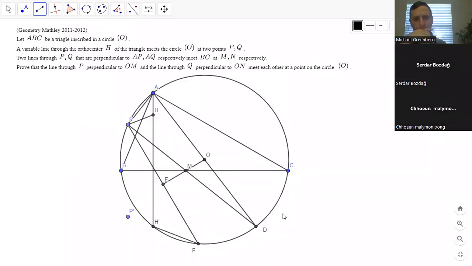So we want to prove that angle AH prime F equals angle AHP, which is the same as saying APF is AHP.